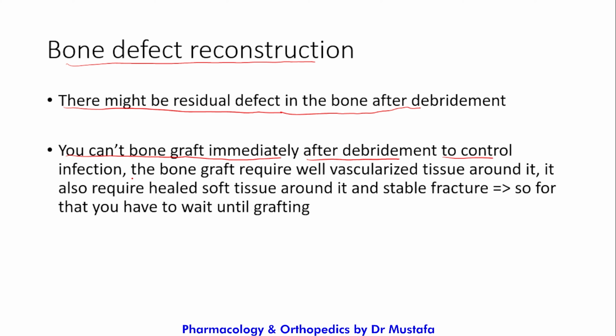That's to control infection, and the bone graft requires well vascularized tissue around it, and it also requires healed soft tissue around it and a stable fracture. So for that, you have to wait until grafting. So you basically graft the patient in a second procedure.